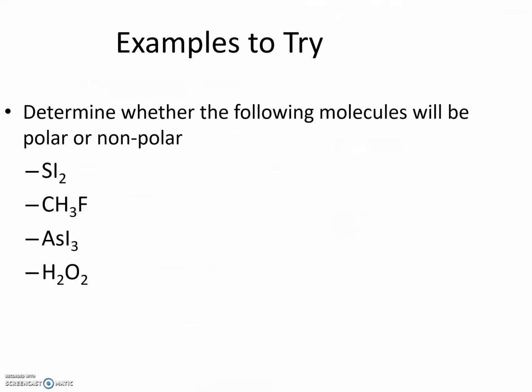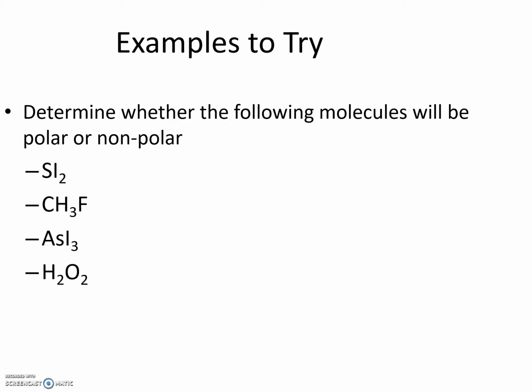Okay? And then just one more set of examples to try. I do recommend pausing the video here and giving these molecules a draw. There's quite a bit that goes into this. You want to first draw the Lewis structure, then look at each of the bonds and calculate the electronegativity difference to see if any of those bonds are polar.